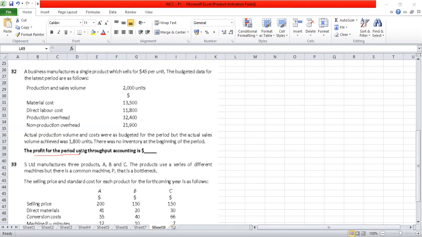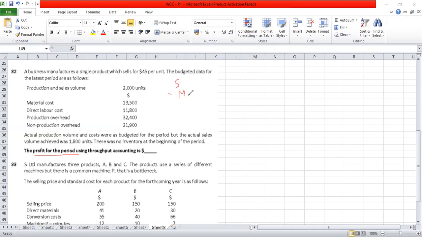We need to make that adjustment and then proceed further. The rest of them, which are labor costs, production overheads, non-production overheads, all of them are assumed to be fixed costs. So if those are also deducted, then we find out the profit. First we have sales. From sales, we deduct the material cost.